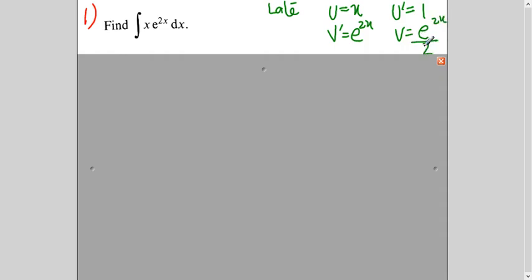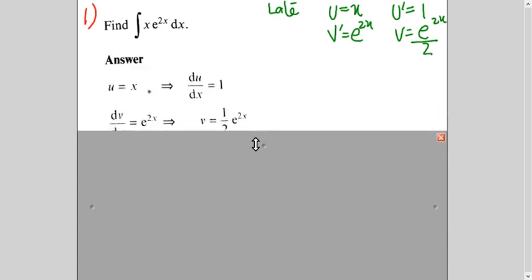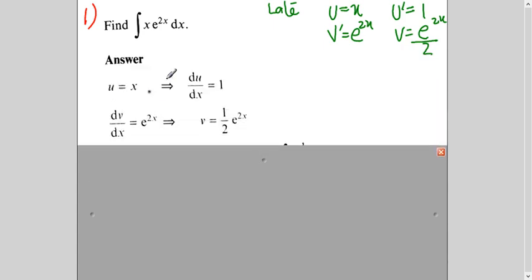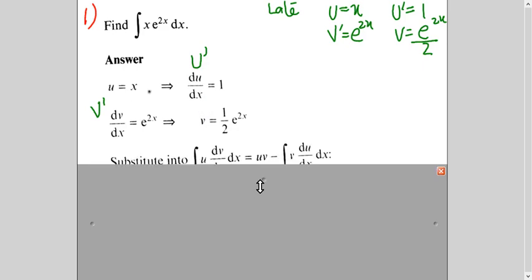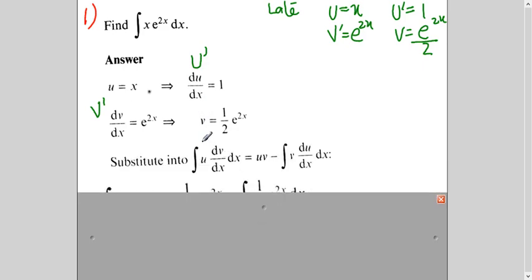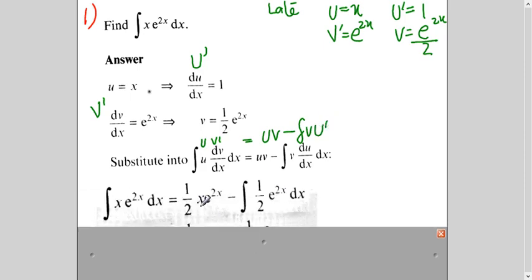We have seen the integration of exponential functions in the previous videos. So once you have these 4 values, u, u prime, v prime and v, you have to plug them in the formula, right? The formula is what? Integral of uv prime equals uv minus integral of vu prime. So I'm going to plug in the values here. You can see here uv prime.